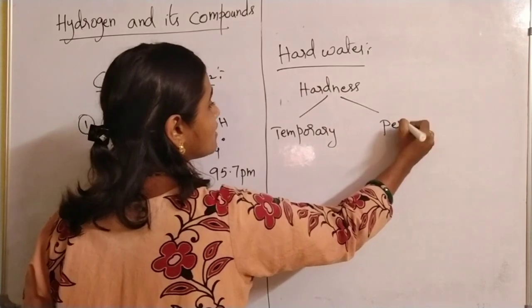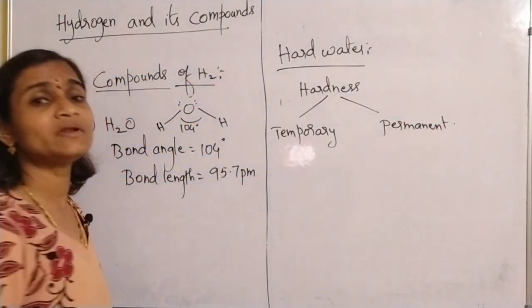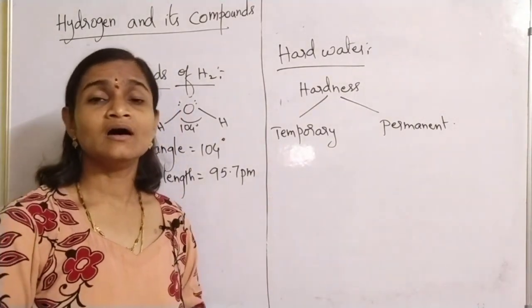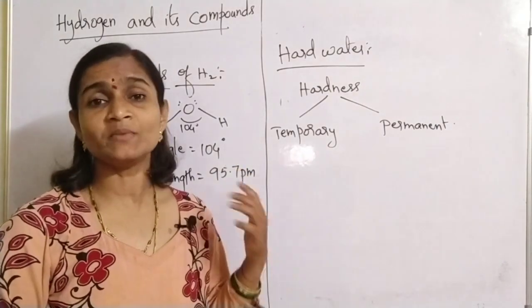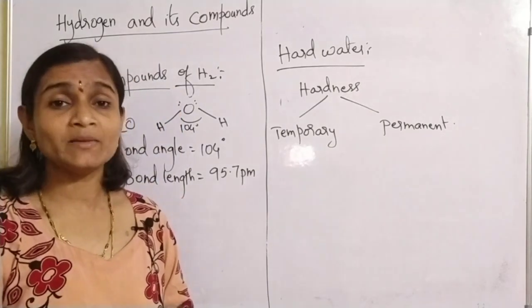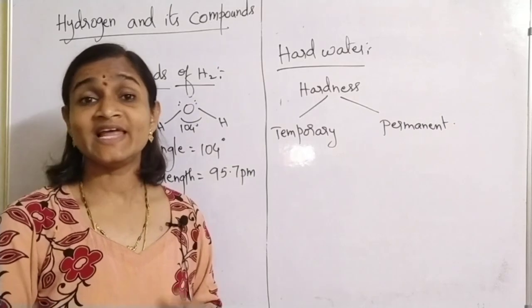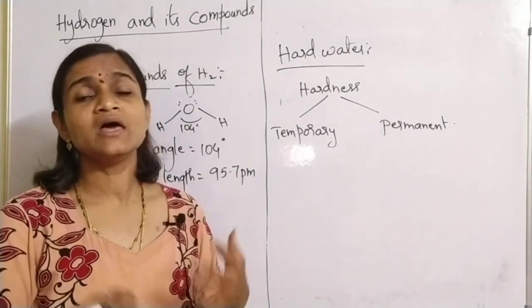They are classified this way: if water contains carbonates and bicarbonates of calcium and magnesium, then you can remove that hardness either by boiling or by adding lime, slaked lime, calcium hydroxide. If you add it, the hardness of the water can be removed.